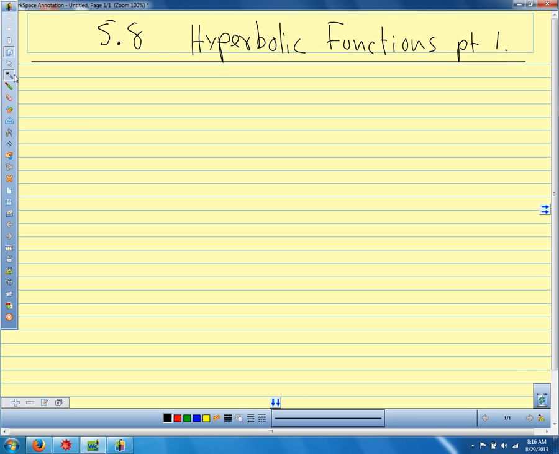All right, so hyperbolic functions, they're a family of functions. They're kind of a special class of exponential functions.